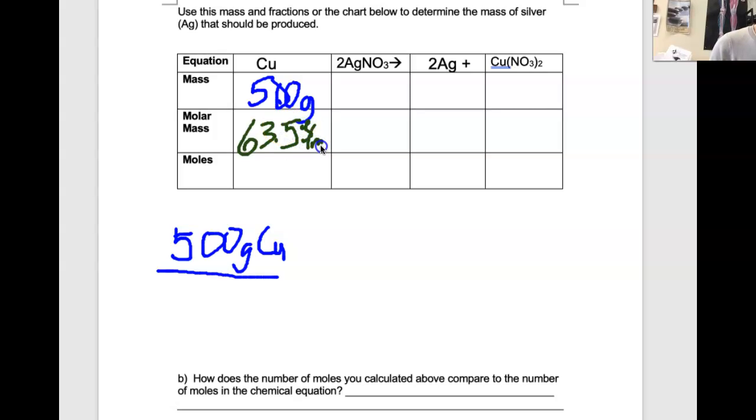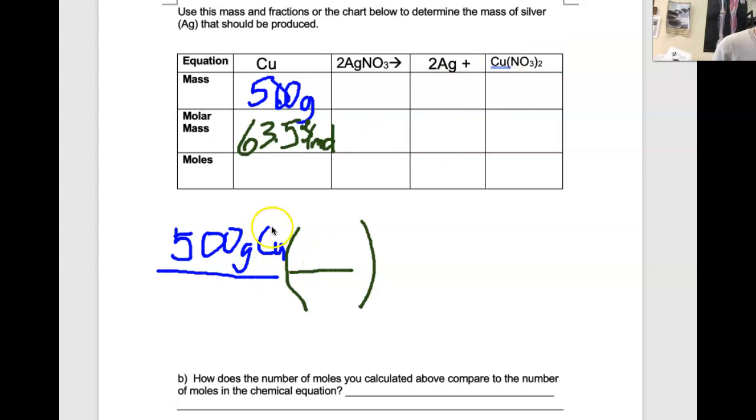So 63.5 grams of copper is 1 mole of copper. You can write that as a fraction, 63.5 grams of copper over 1 mole of copper, or 1 mole of copper over 63.5 grams of copper.